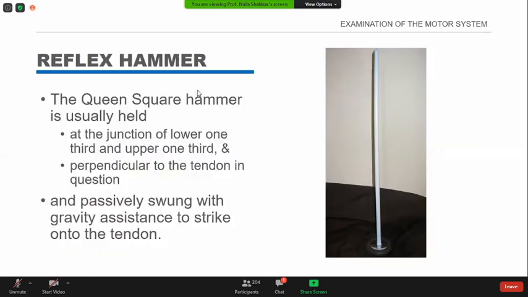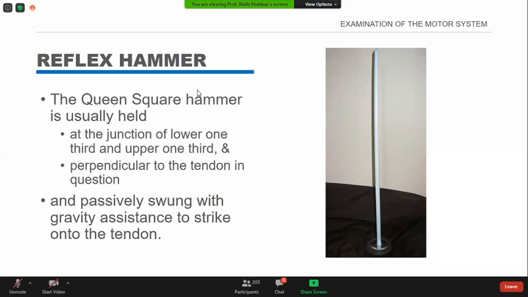This is the Queen Square hammer, which we commonly use. It is held at the junction of the upper third and lower two thirds. The doctor has to hold the hammer here, and it should always strike perpendicular.